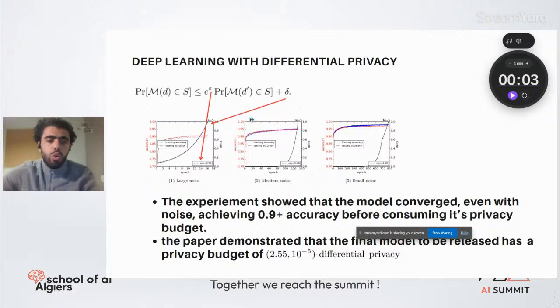There were works before where, even if we train the model in the same way, we could not say with confidence that it has a low privacy budget. But in this paper, they introduce another method of calculating the budget that proves that the model has a very strong, or very tight, privacy guarantee.